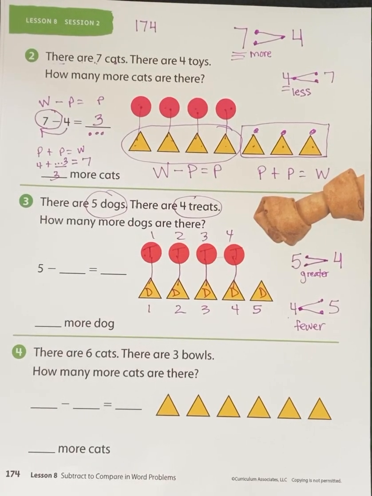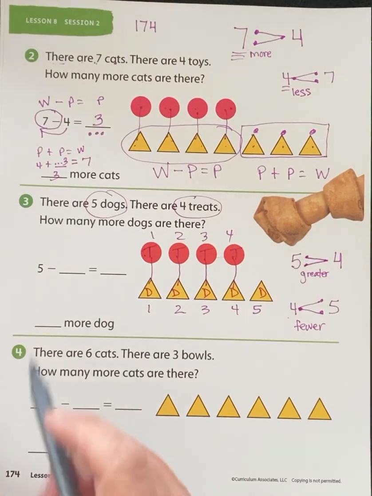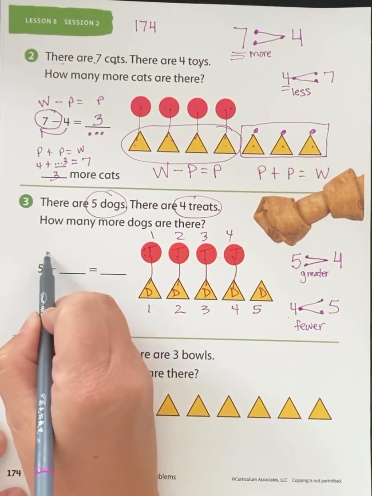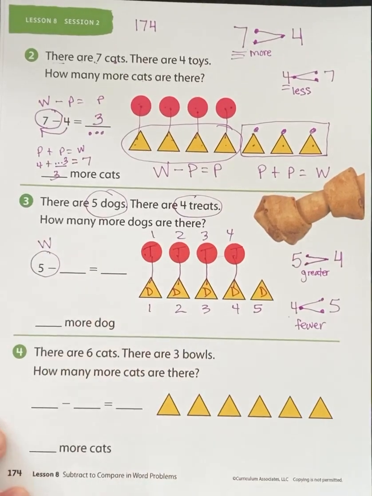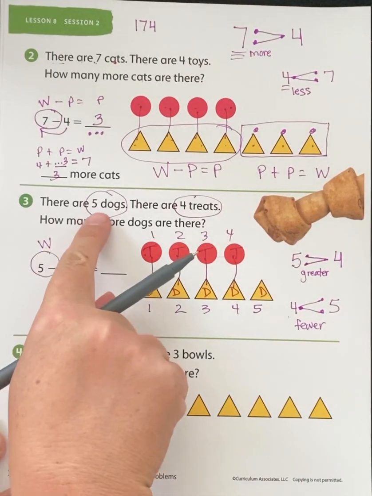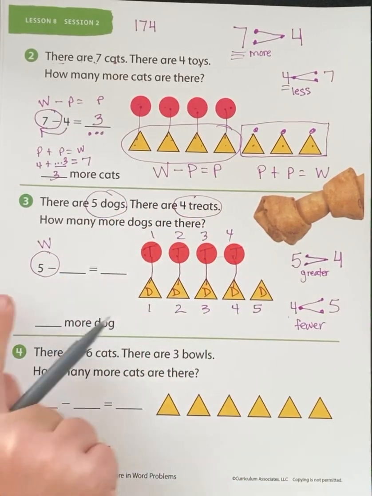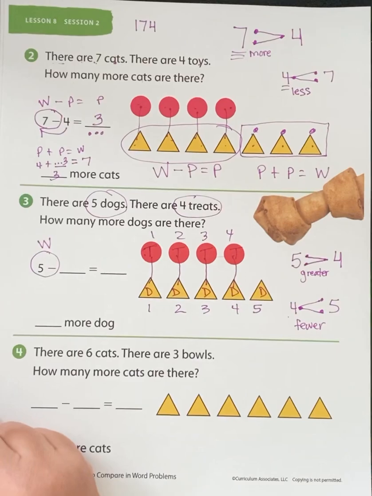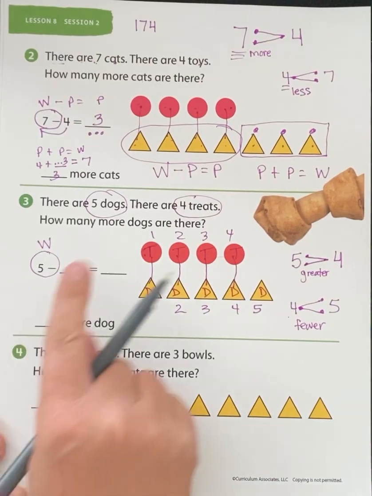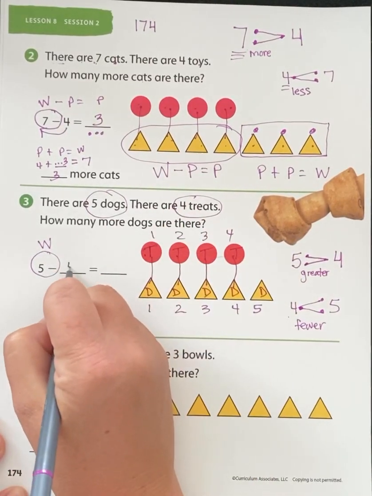Now I need to put this into my equation. When I'm comparing two different objects, I need to know which one is greater, and I start with that number if I'm subtracting, right? Here it says 5 minus, so this has to be the whole. Which number is greater, 5 or 4? 5, right? 5 minus, and what's the part that I know? 4.